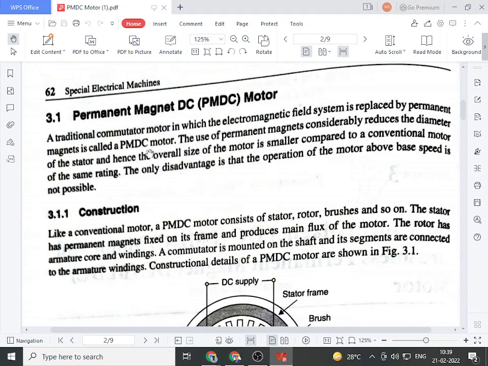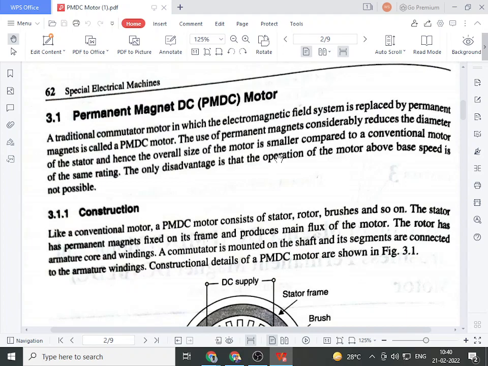As we use permanent magnets in the field system, there will be a considerable reduction in the diameter of the stator, and the overall size of the motor is smaller as compared to a conventional DC motor. I think you are familiar with the term conventional DC motor: field system with field winding, armature system with armature winding.